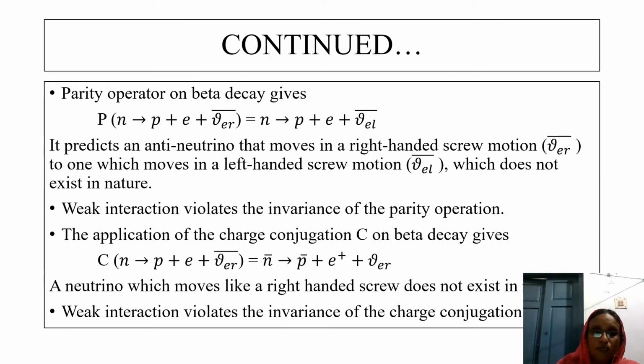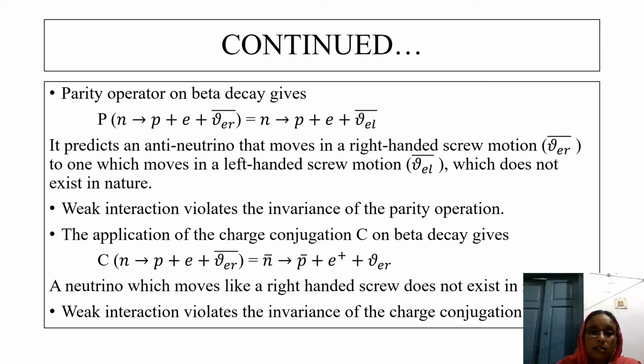And now if the parity operator acts on this reaction, this gives a neutron which decays to a proton plus an electron and an electron anti-neutrino, but this time left-handed. Because all of you know that if you take a mirror reflection, right and left change. If the system has a symmetry, then only we cannot identify these changes.